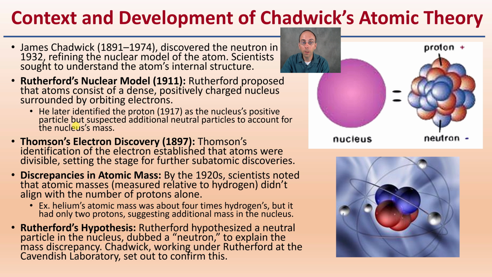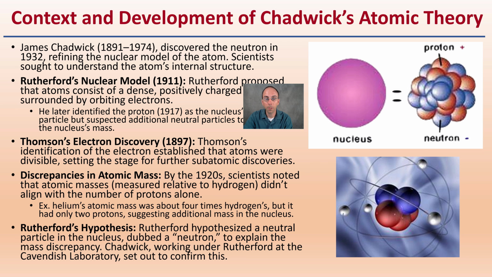Thomson's electron discovery in 1897, identifying the electron, established atoms were divisible, setting the stage for future subatomic discoveries. Discrepancies in atomic mass: scientists noted the atomic mass measured relative to hydrogen didn't align with the number of protons alone. So this concept, this idea, this theory that there's more than just protons.